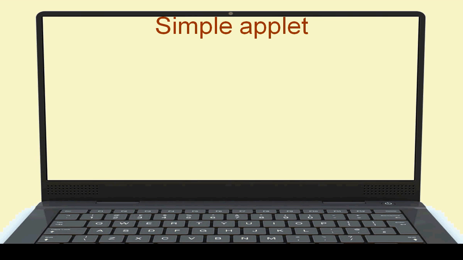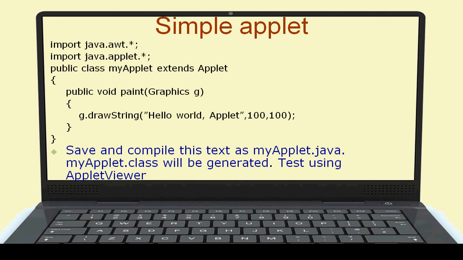Let us now write a very simple applet which will display the string Hello World Applet. This program is myapplet.java. This class must extend the base Applet class, which is defined in java.applet.* package.